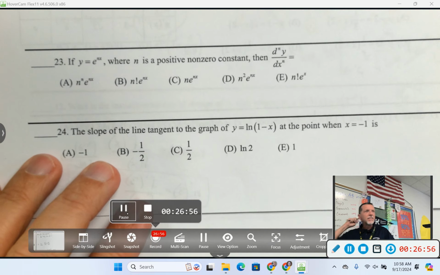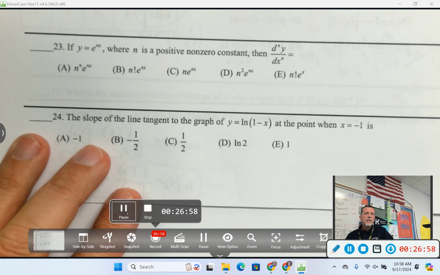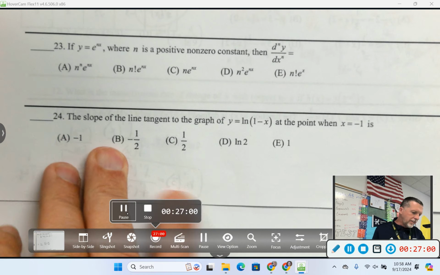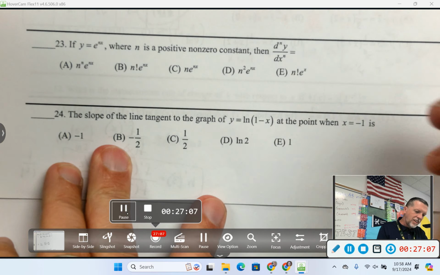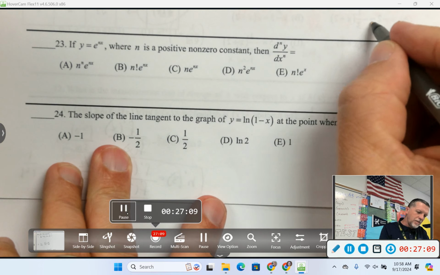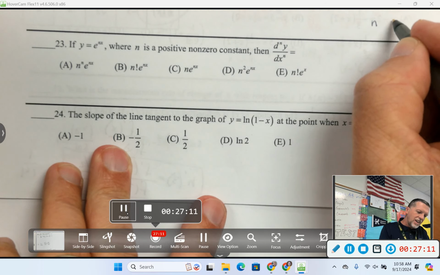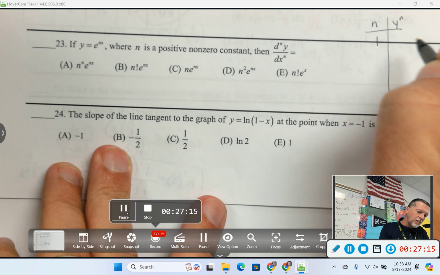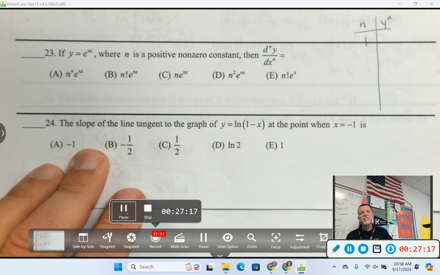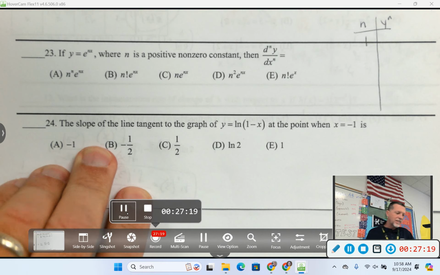23, and final. If y equals e to the nx, where n is a non-zero constant, then the nth derivative. Okay, I just want to start taking derivatives and see if I can figure out what the pattern is.